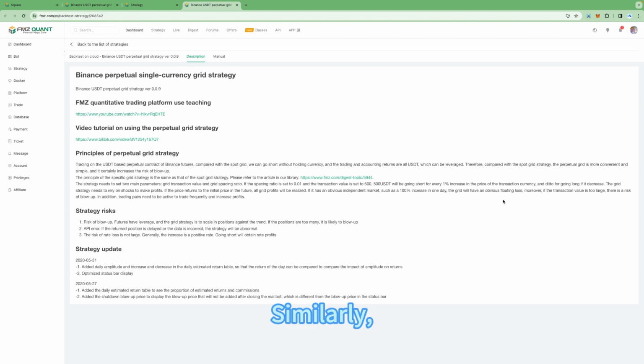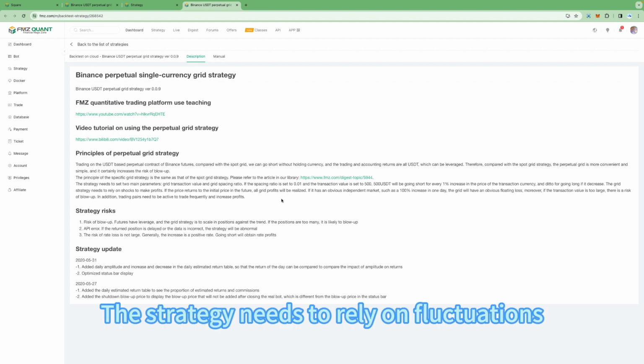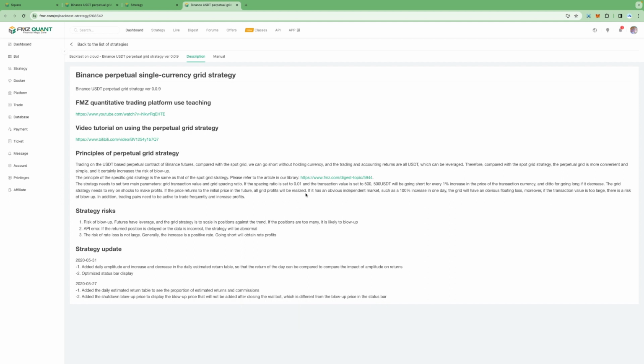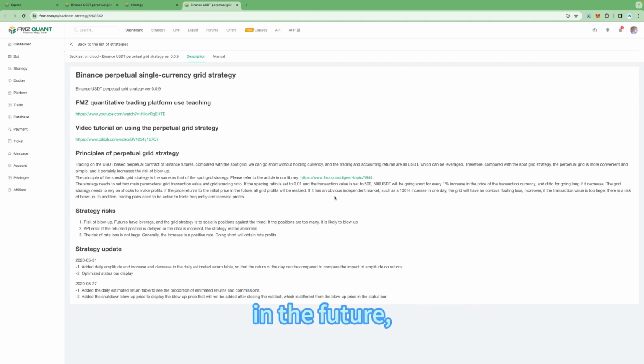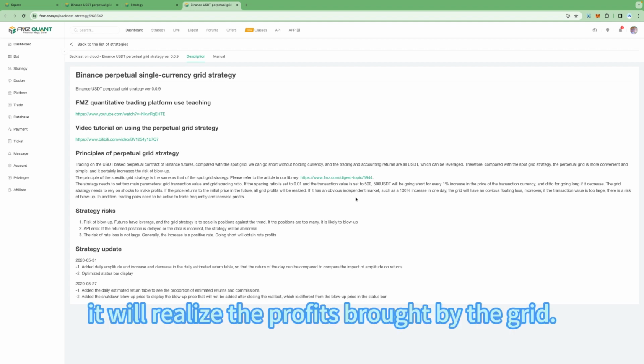Similarly, a decline is a long position. The strategy needs to rely on fluctuations to make profits. And if the price returns to the initial price in the future, it will realize the profits brought by the grid.